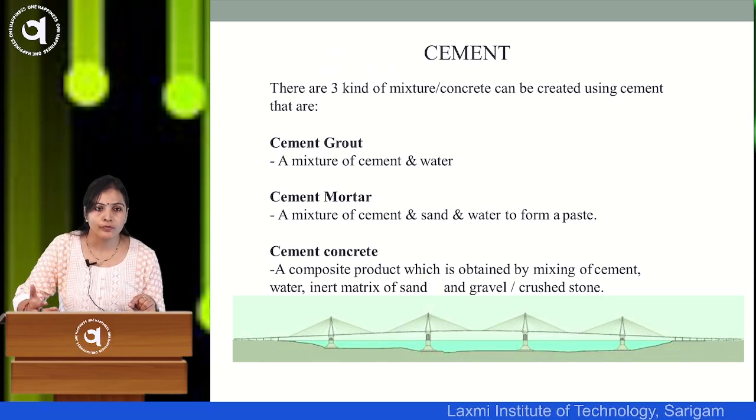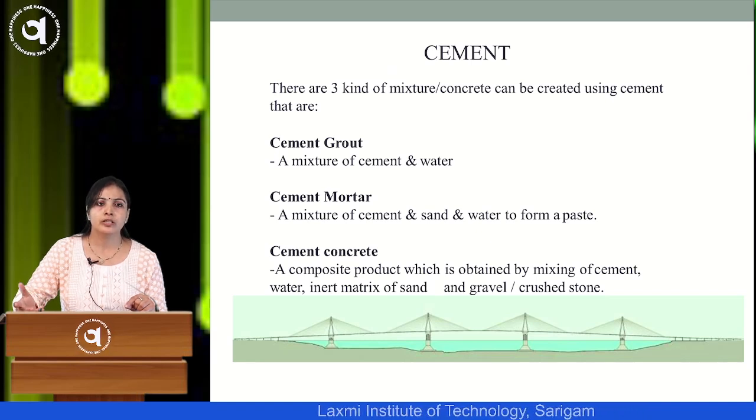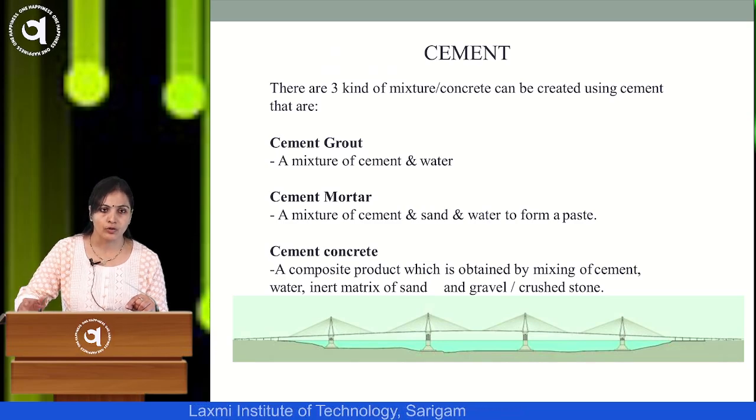Cement grout is used when we have to fill some voids of an existing structure. Cement mortar, we all know, is used for plastering purposes, and cement concrete for RCC work.